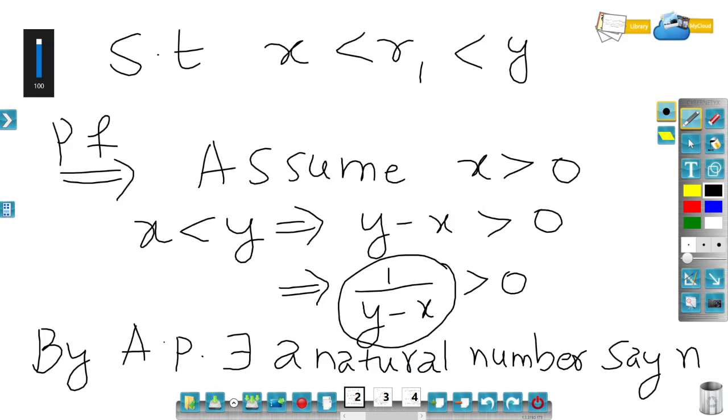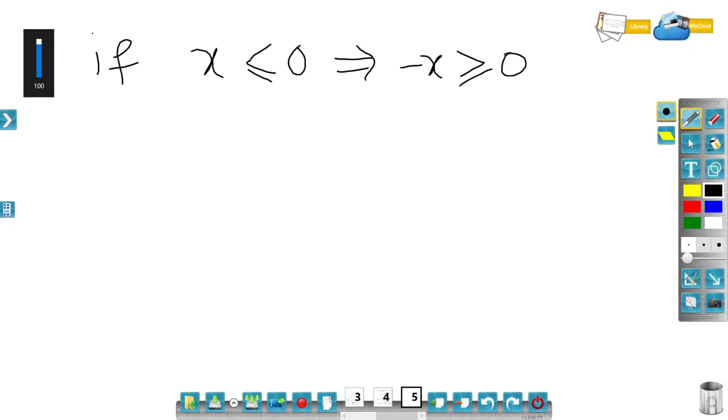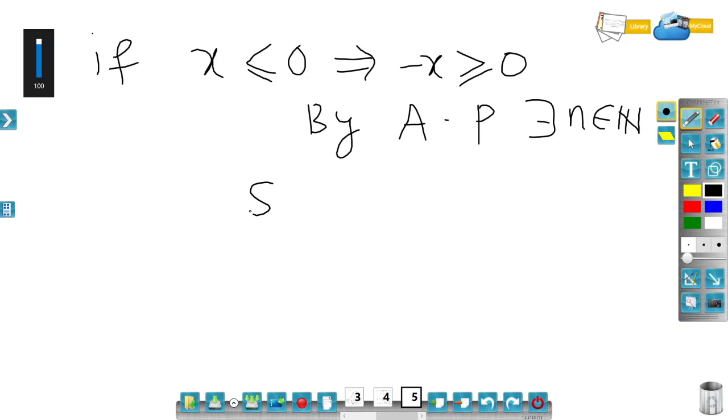Now you may ask the question, but if I assume x is greater than 0, what if x is less than 0? So if my x is less than or equal to 0, this would imply minus x is definitely greater than or equal to 0. This would imply, by Archimedean principle, there exists n belonging to natural numbers such that minus x is definitely less than n.